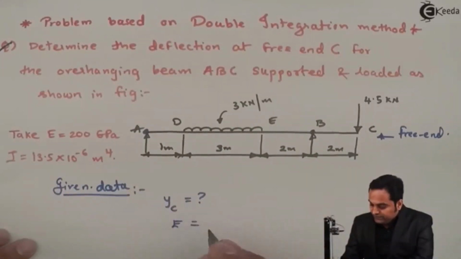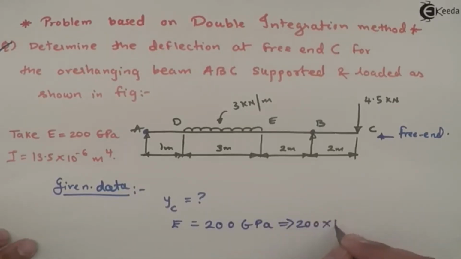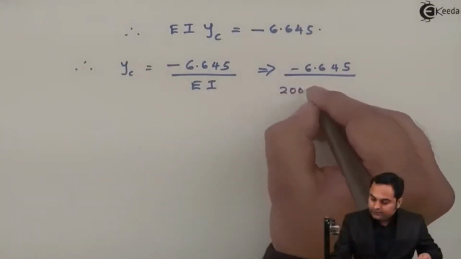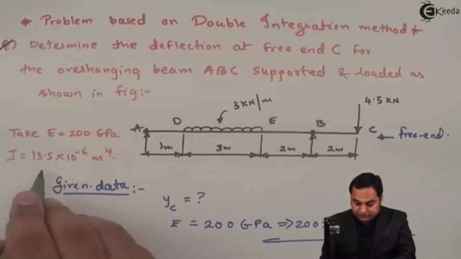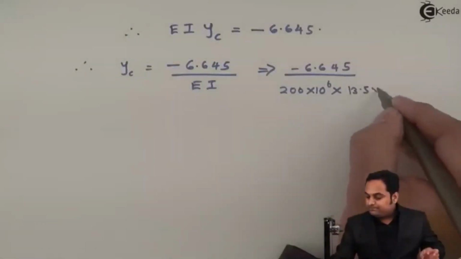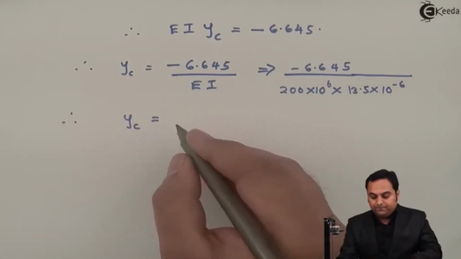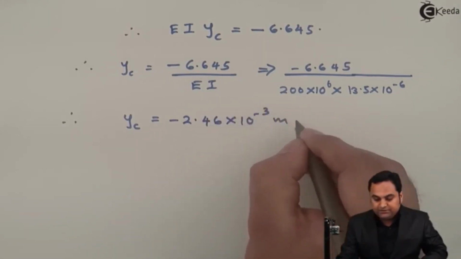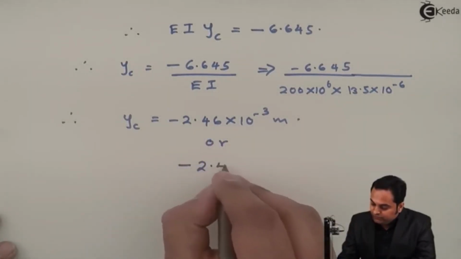So if capital E is 200 GPa, it means it is 200 into 10 raised to 6 kilonewton per meter square. I'll put this value, 200 into 10 raised to 6 into I, which is given as 13.5 into 10 raised to minus 6. Therefore y suffix C comes out to be minus 2.46 into 10 raised to minus 3 meter, or minus 2.46 mm.